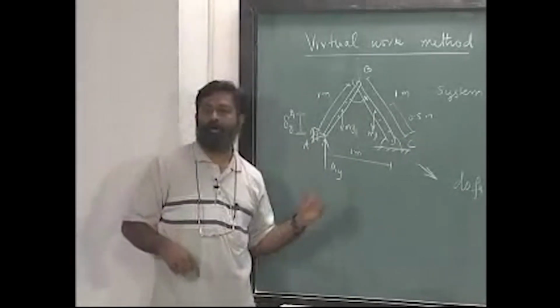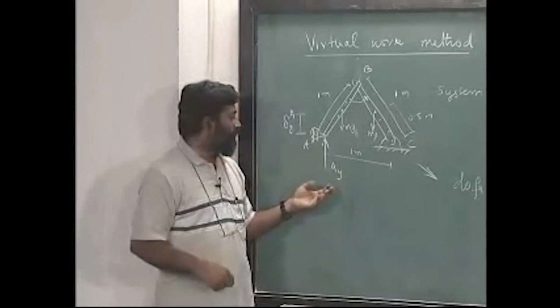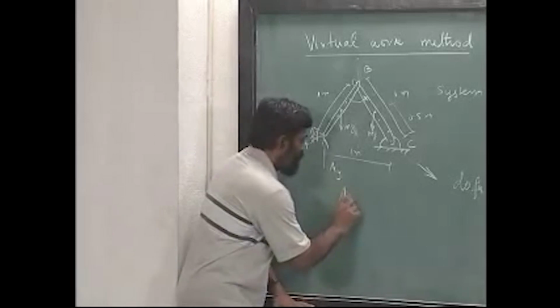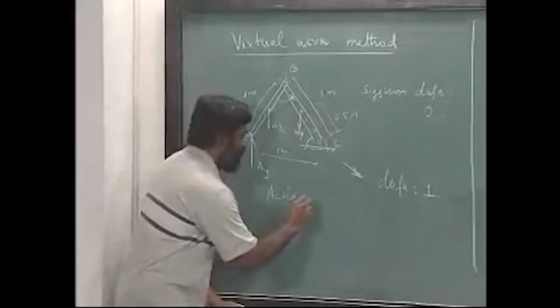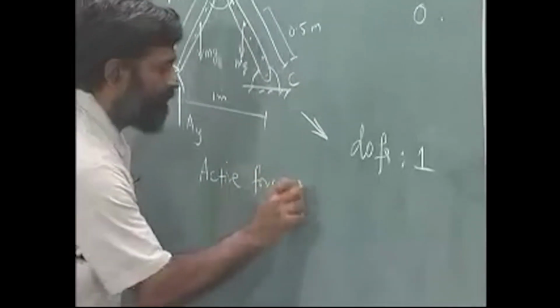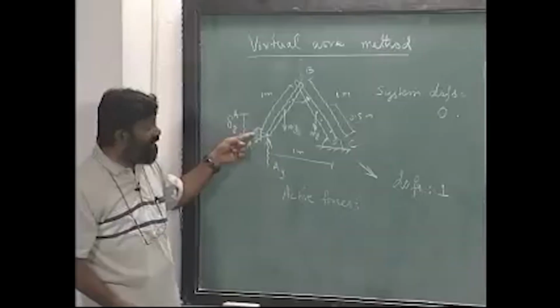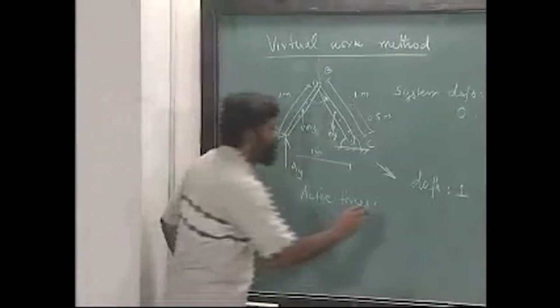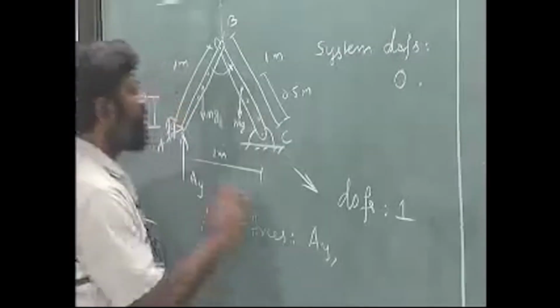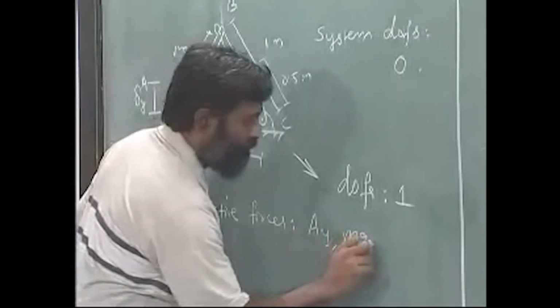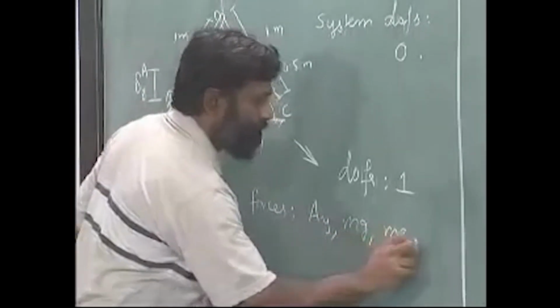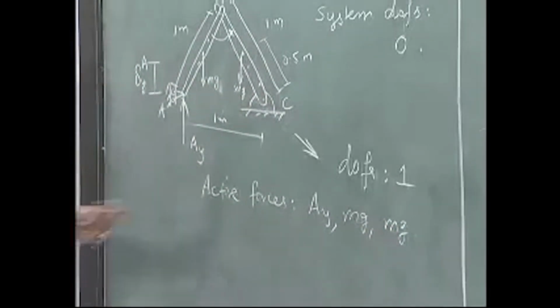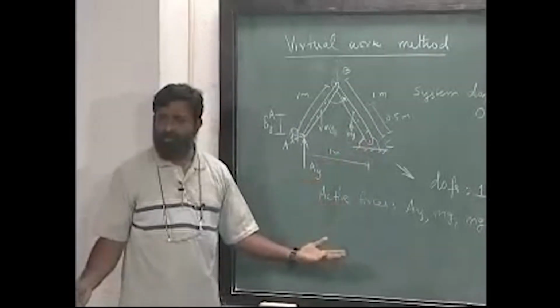This is the beauty of the virtual work method. So, very simple, the active forces involved in this case, since I have released this, are Ay, mg and the other mg. Mind you, here also I do not have to bother about the reaction.